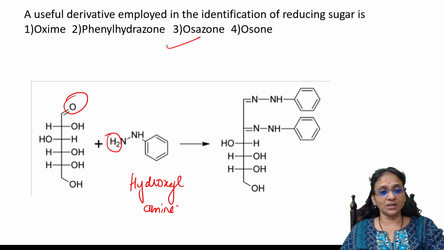One hydrogen from here, one OH from here. So one more hydrogen from here, one more OH from here, like that, and you get a compound that is nothing but osazone.